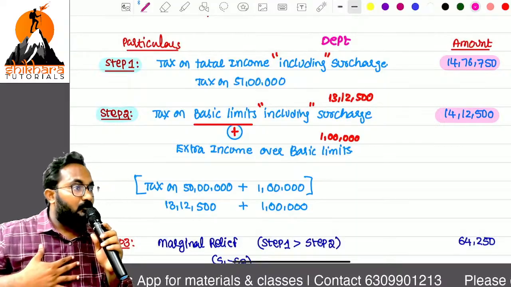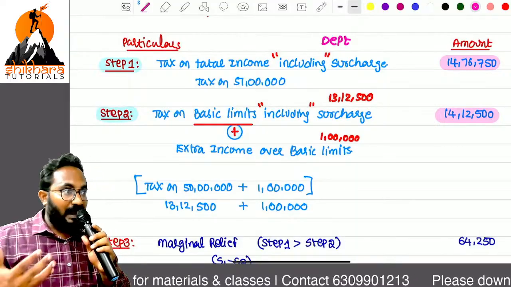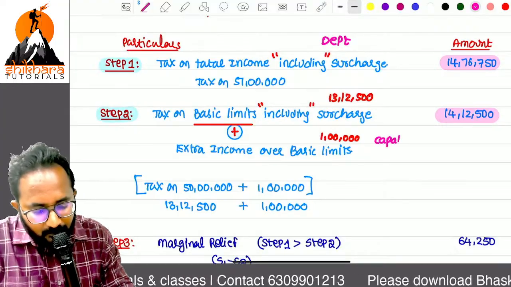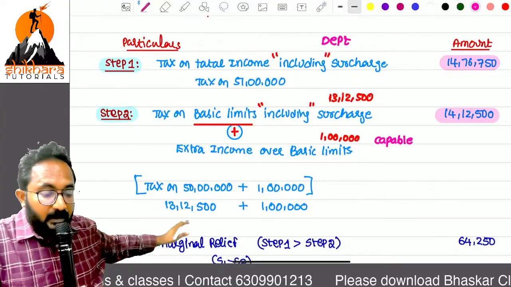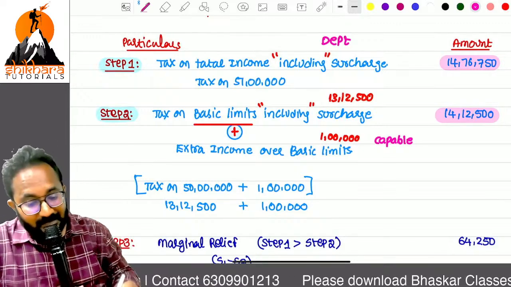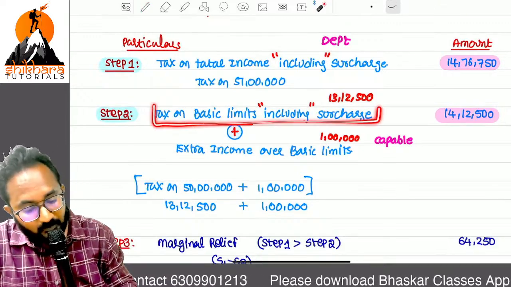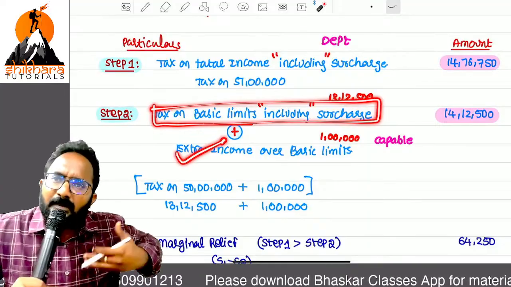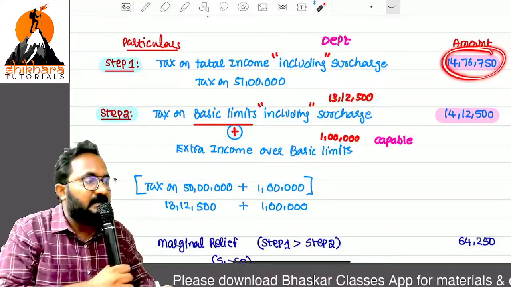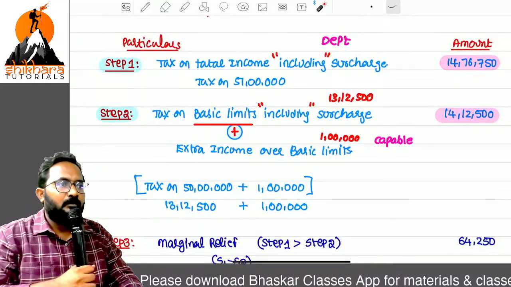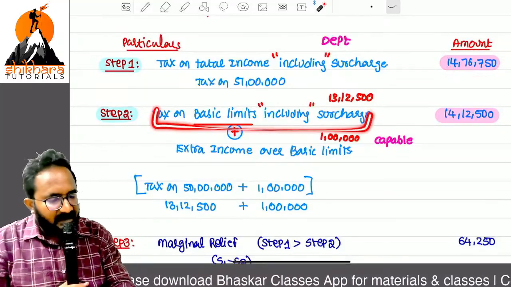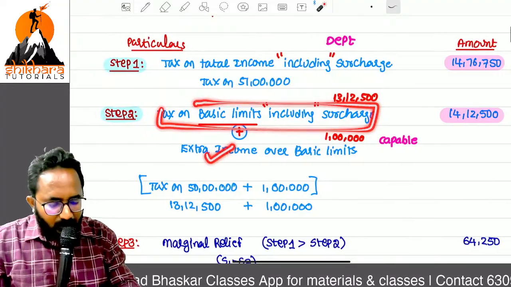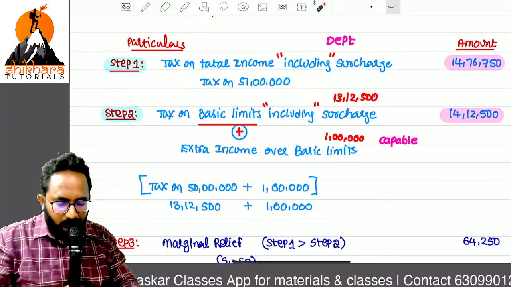But from my side, you can think, I am capable to pay only how much amount? Only 14 lakh 12,500. Sir, I will pay the tax on 50 lakh. I will give excess income also to you. This is only my capability. How can I pay 14 lakh 76,750? Up to 50 lakh, I will pay tax, sir. Excess income, whatever I have more than 50 lakh, I will give it to you only. This is only my capability.